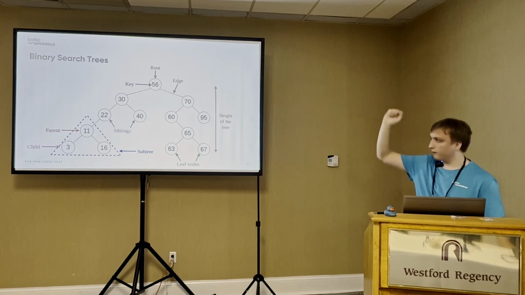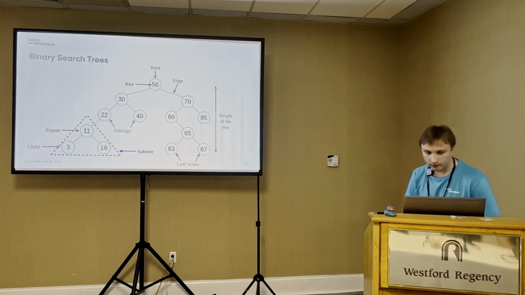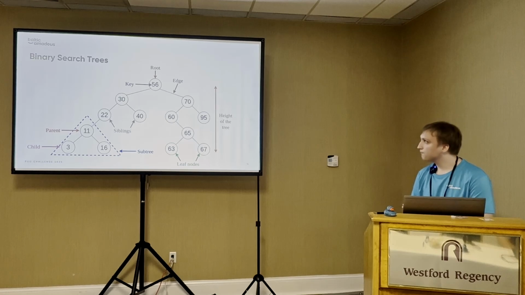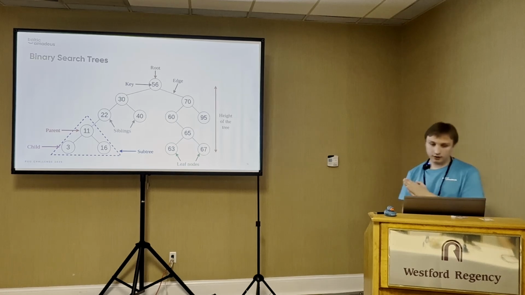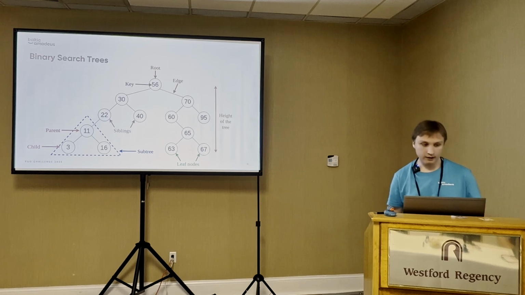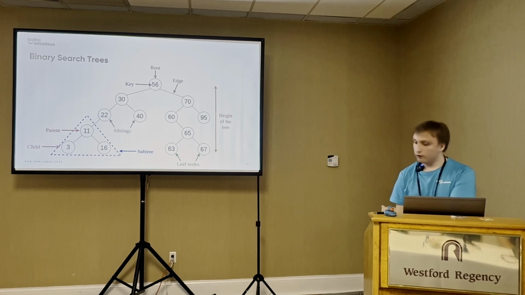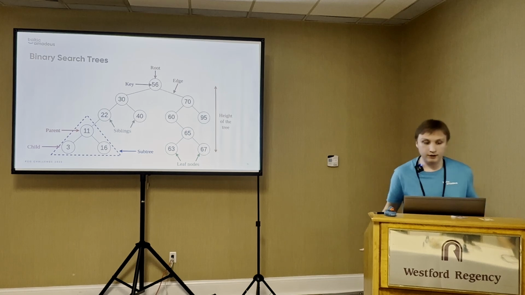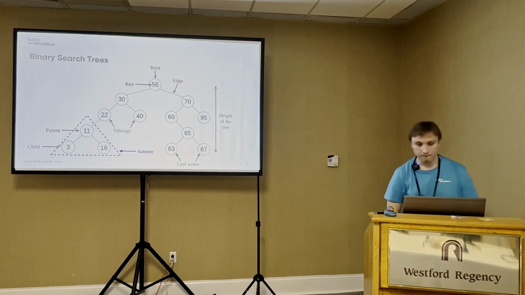So we have the parent up top and the child down at the bottom, and then basically all the other terms that we use. And as you may notice quite clearly, that structure is specific in the way that we have put together the tree. So binary search trees are used because everything to the right is bigger and everything to the left is smaller. Just like in binary search, that's why it's called a binary search tree.